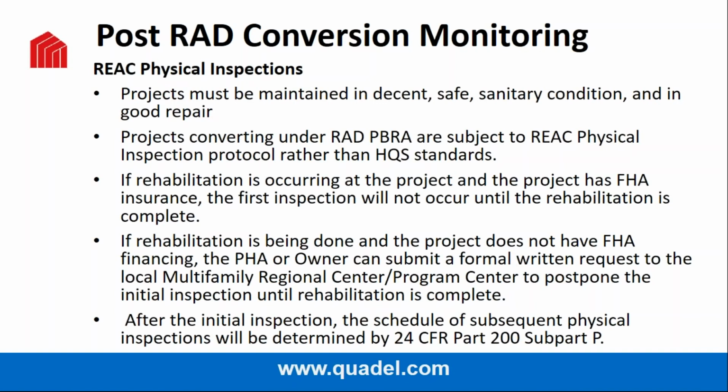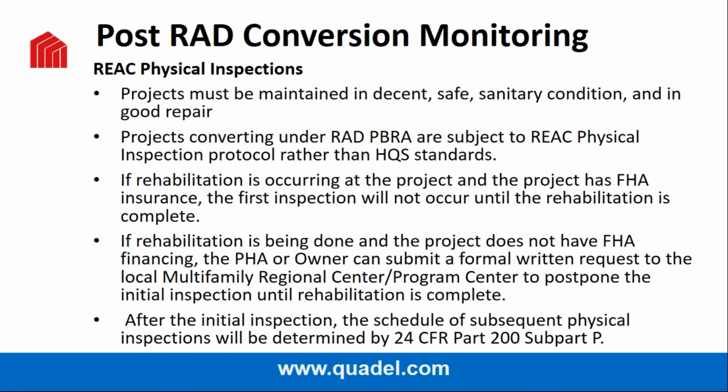Just a quick note here about rehabilitation. If rehab is occurring at the project and the project has FHA insurance, the first inspection will not occur until that rehab is complete. If rehab is being done and the project does not have FHA financing, the PHA or owner can submit a formal request to postpone the inspection until the rehab is complete.